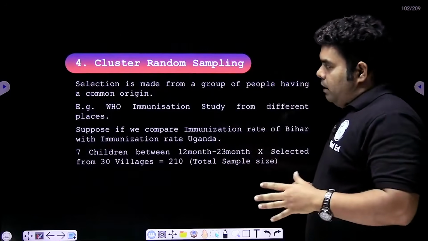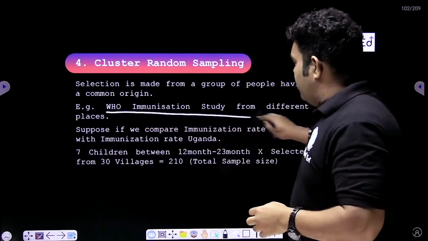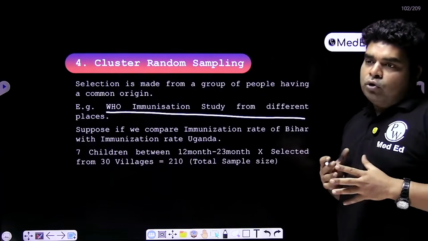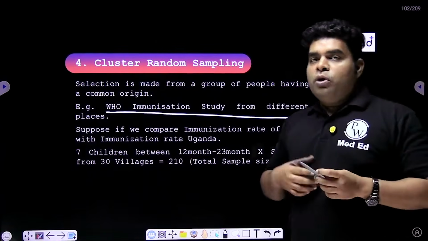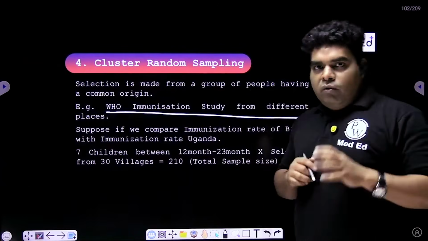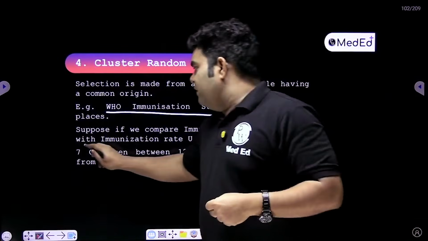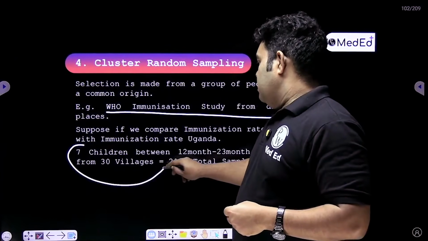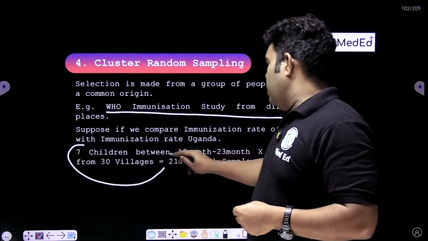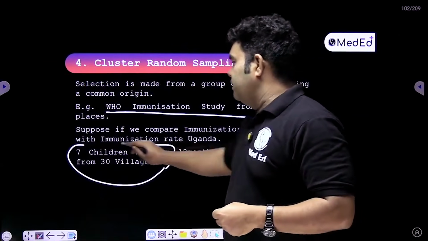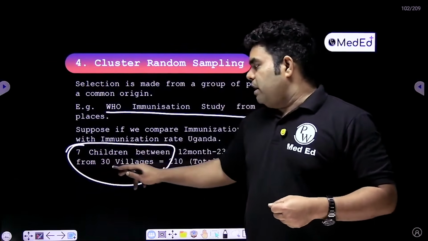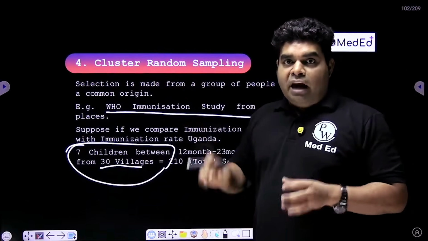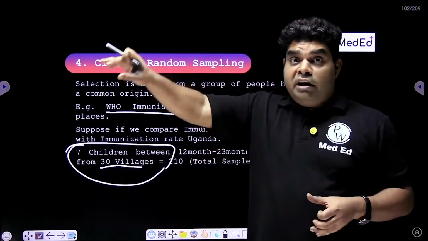For example, in the WHO immunization study, if you want to know whether the immunization rate is higher in Bihar or in Uganda, you will choose 7 children from 30 villages, 7 children between 12 and 23 months. All these 7 children live in the same village. They are a cluster, and we are choosing 30 different clusters.